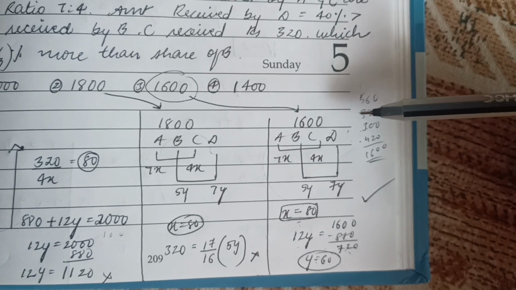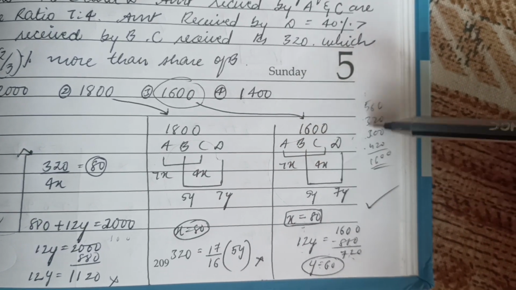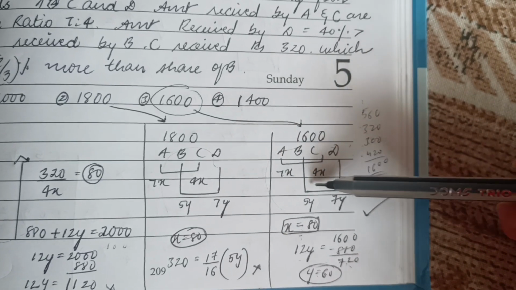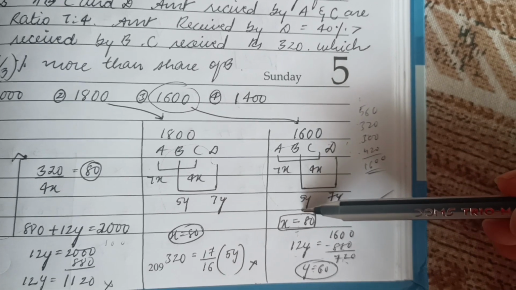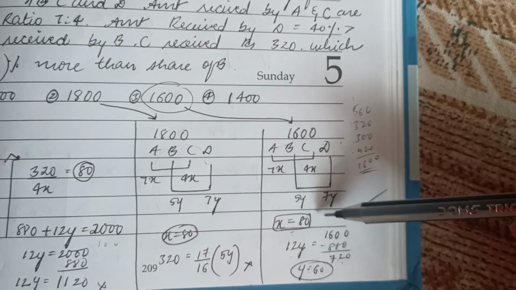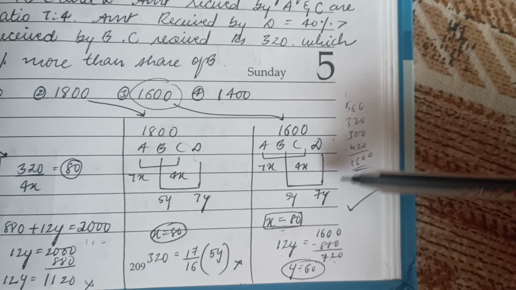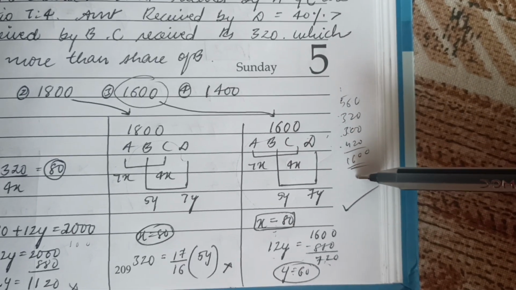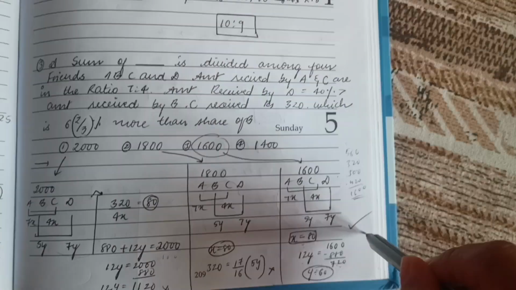Here x is 80 and this is 11, so 7 8s are 560, and 4 8s are 32, that is 320. Also this is 5y and y is 60, so 5 6s are 30, that is 300, and 7 6s are 42, that is 420. If I add this I will get 1600. Therefore this is the correct option for this question.